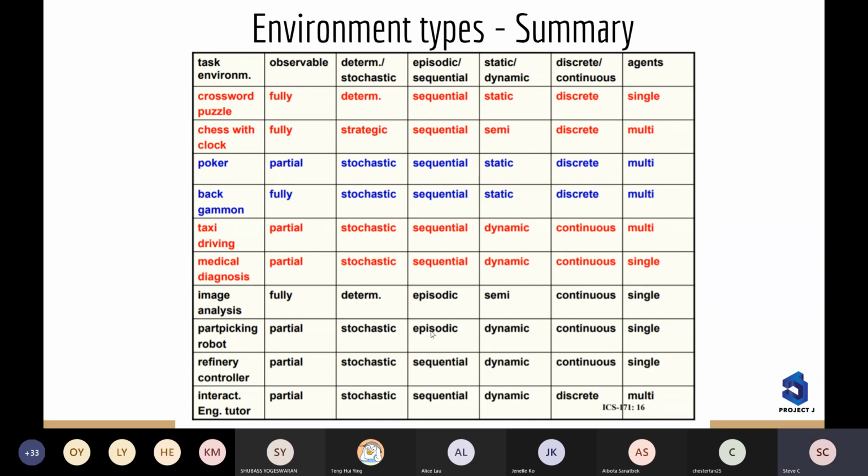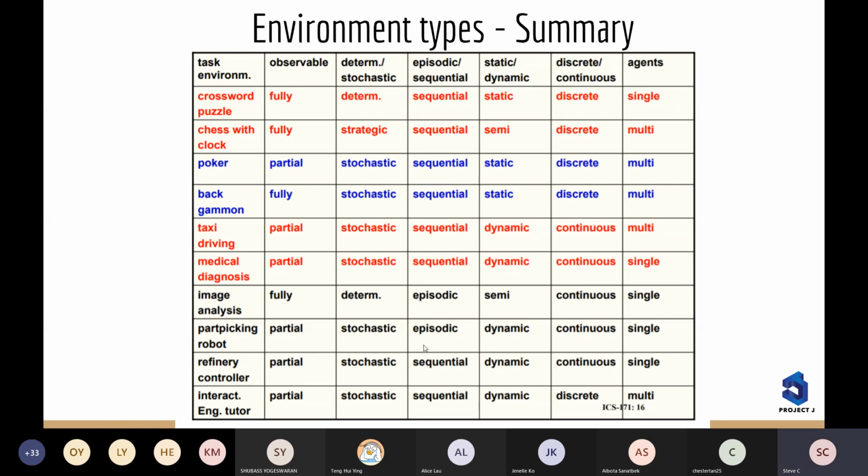Is it episodic or sequential? We call it episodic because, okay, take one item and put it into a box is one episode, right? It is independent. The episode before does not influence the next episode.